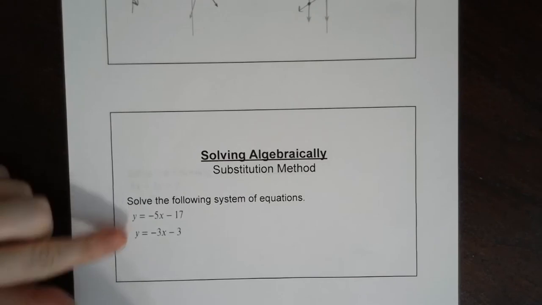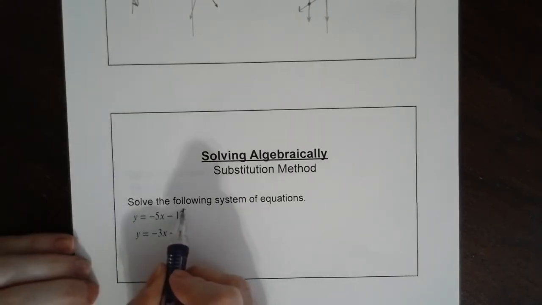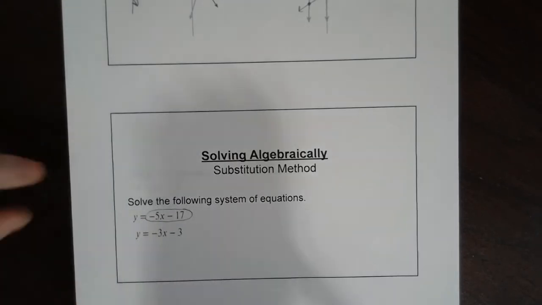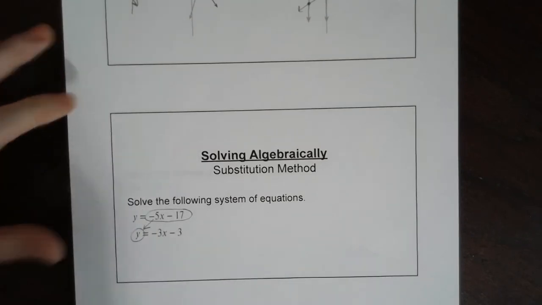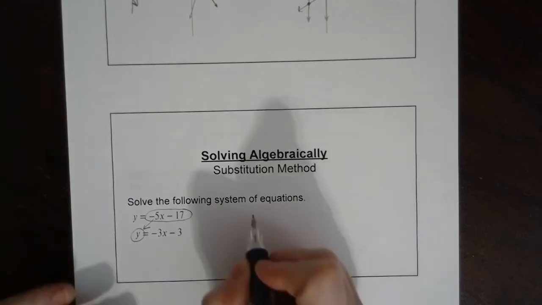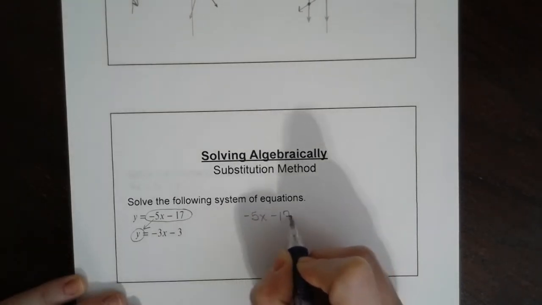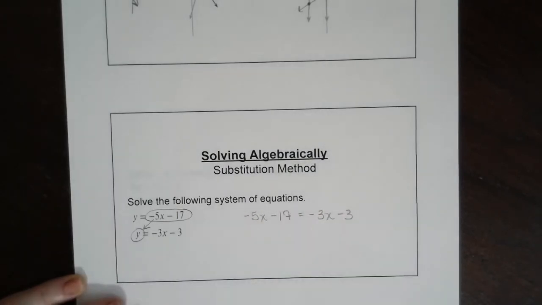This first one, you'll see they're both in y equals format. So I can replace y with y from the other equation. So I'm actually going to take this and replace y in the other equation with negative 5x minus 17. So I'll have negative 5x minus 17 is equal to negative 3x minus 3.